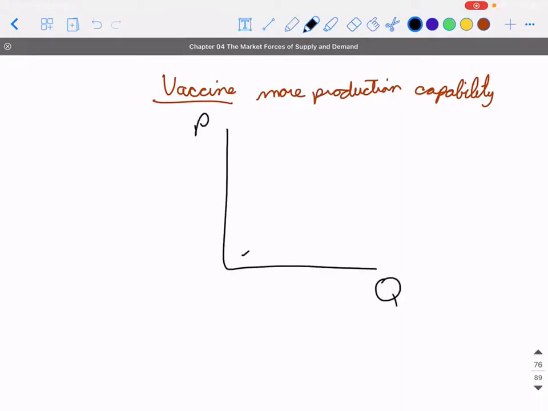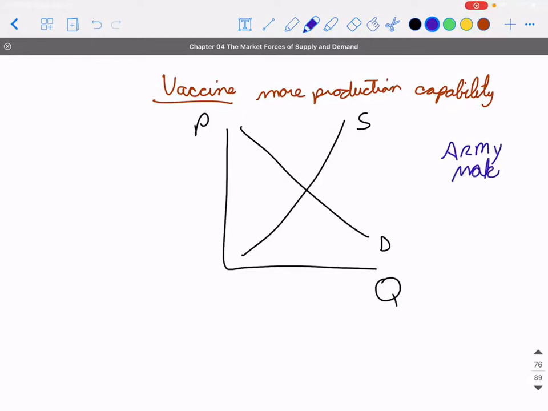Well, here's my supply, here's my demand. And if the army starts making them, that would be represented as more sellers. So we're going to have an increase in supply.